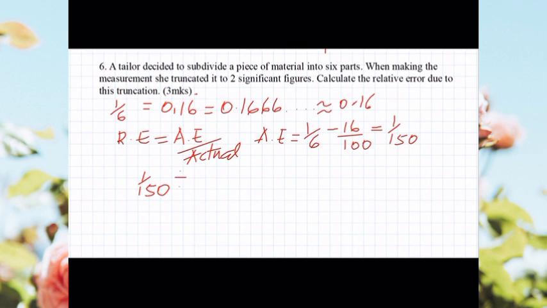We divide that by the actual, which is a sixth. And so in this scenario, we're going to have 1 out of 150, and then we can multiply by the reciprocal of a sixth, which is 6 out of 1. And here now we are going to obtain our answer as 0.04. So this becomes our relative error.